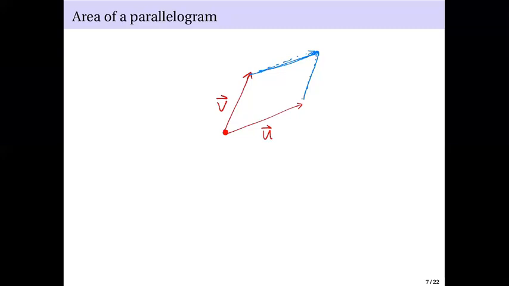If you recall from your Euclidean geometry, if you have some parallelogram, you get the height here, and then you have the base here. And the area will be equal to base times height. So what we're going to do is to look at the height of this parallelogram.